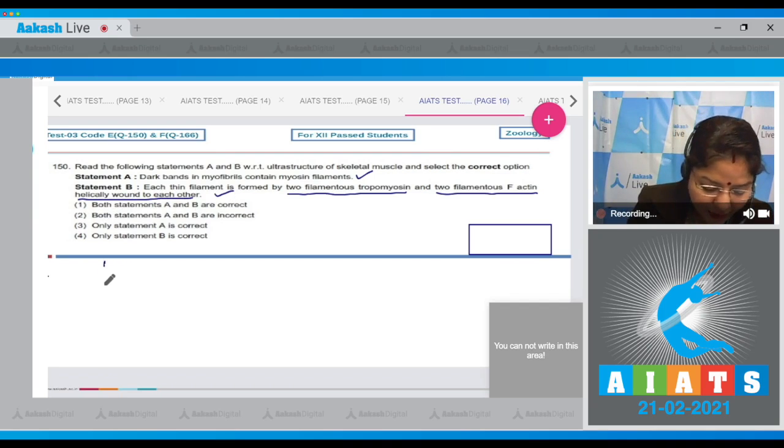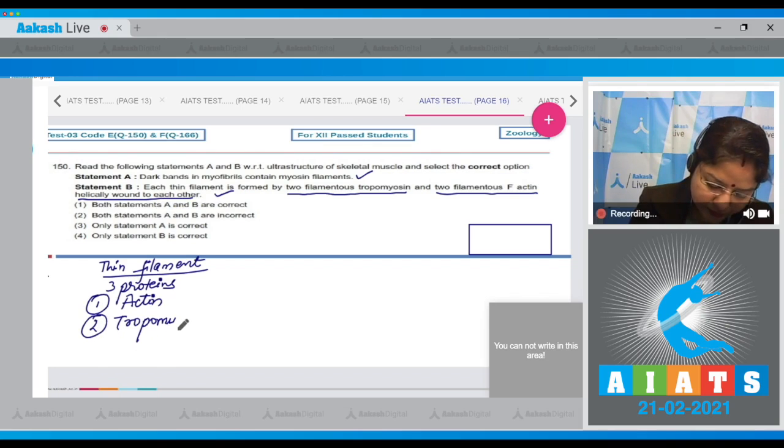In thin filament, three proteins are present. One is actin protein, another tropomyosin, and third one is troponin.